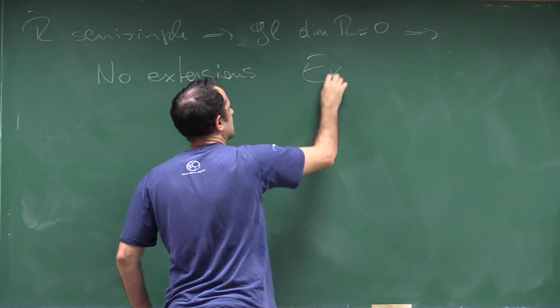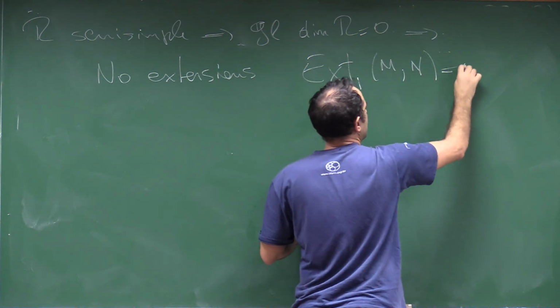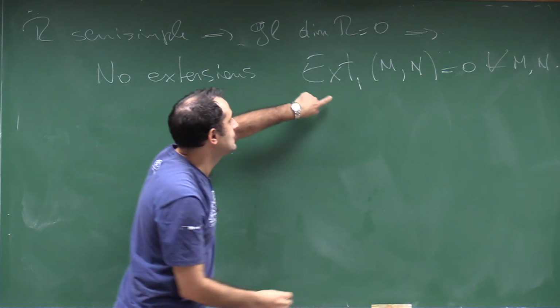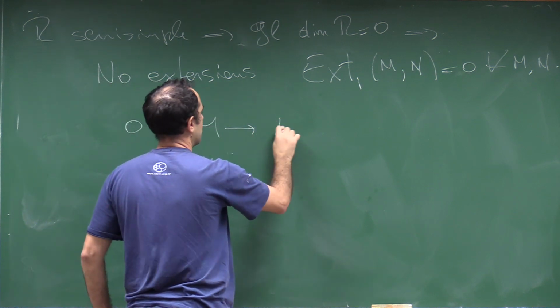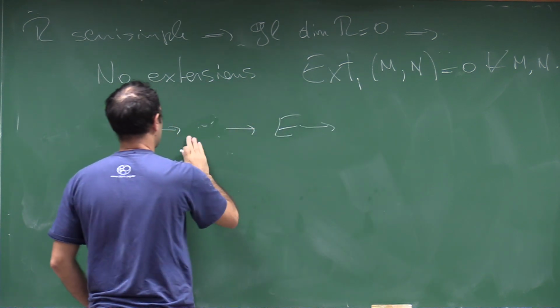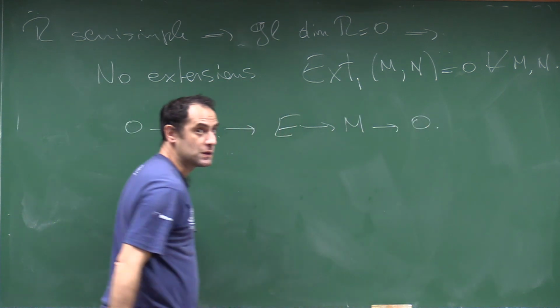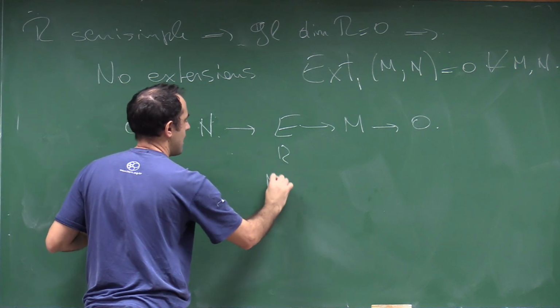Because Ext^1(M, N) is 0 for every M and N. And we've checked that this being 0 meant that there were no non-trivial extensions like this, in the category of R modules. Every time that you had an extension like this, then it had to be N plus M.